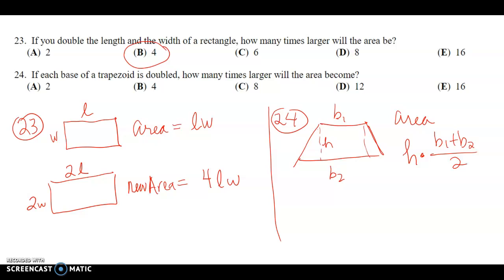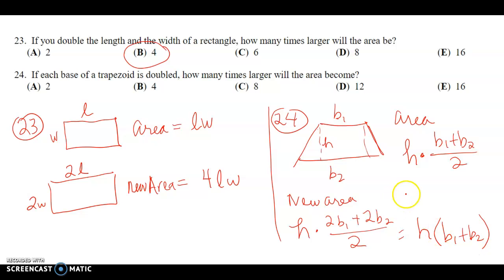If each base is doubled, how many times larger will the area be? So what we're going to do is consider the new area to be the same height times 2B1 plus 2B2 over 2. Let's compare. We could factor out the 2 here so that we just have an area that's the height times the sum of the bases.